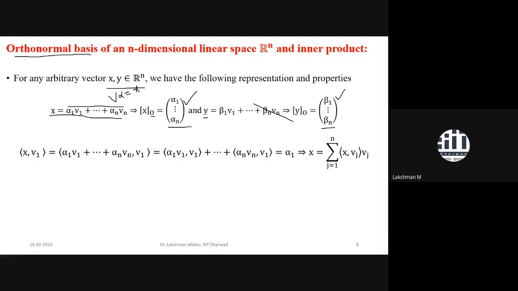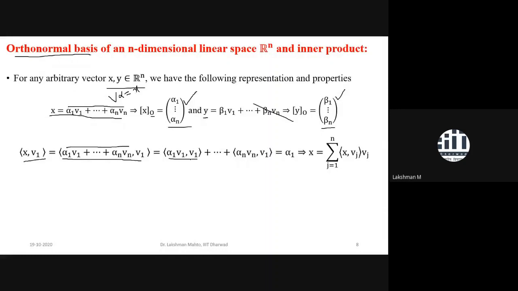Yes, we can. So what you do is take the dot product of x with, suppose, b1, the first basis element of the orthonormal basis. Decompose x as a linear combination of basis elements and take the dot product with this one.